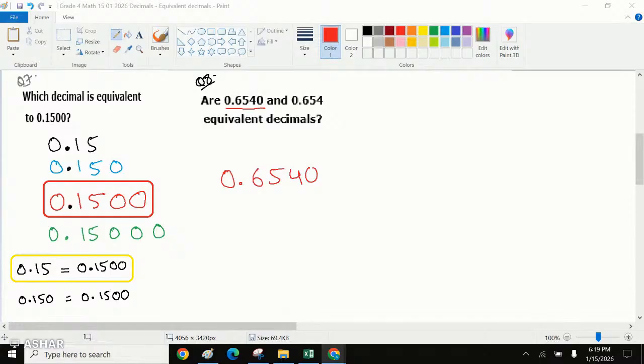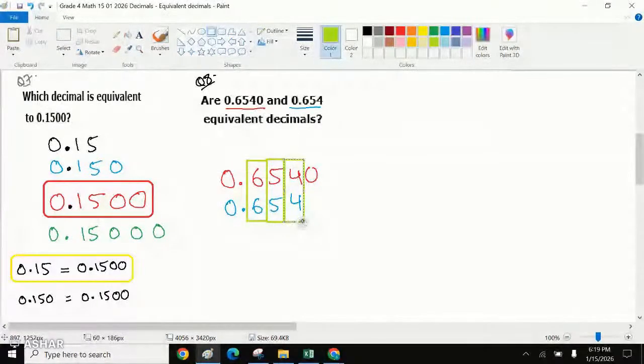The first number goes with the second number. The decimal comes right below the decimal. So are these numbers exactly the same? Is this digit exactly the same as this digit? And the third position also, right? The only difference is the zero at the end, right?